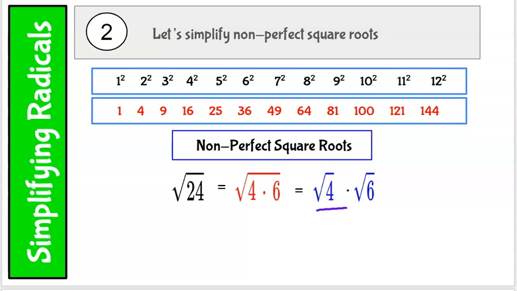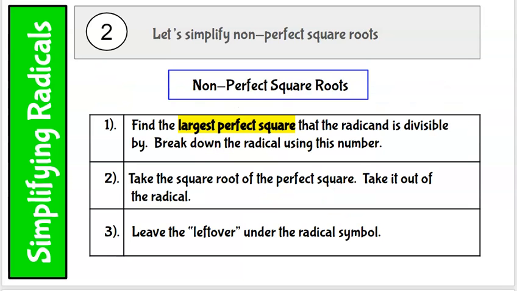The square root of 4 here is a perfect square, so it's going to evaluate out to just 2. Okay, now what are we going to do with the 6? Well, let's look at those rules again. Rule set number 2 said take the square root of the perfect square and take it out of the radical. That was the 4 that would come out from under the radical as 2.